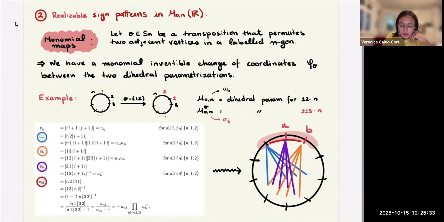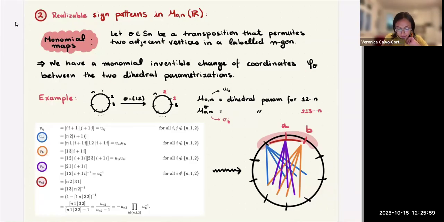So let me consider a transposition in Sn that permutes two adjacent vertices in a labeled n-gon. Here I'm assuming that I start with some arbitrary labeling, and now I want to permute two vertices that are next to each other in that labeling. Then there is a monomial invertible change of coordinates between the two dihedral parametrizations.